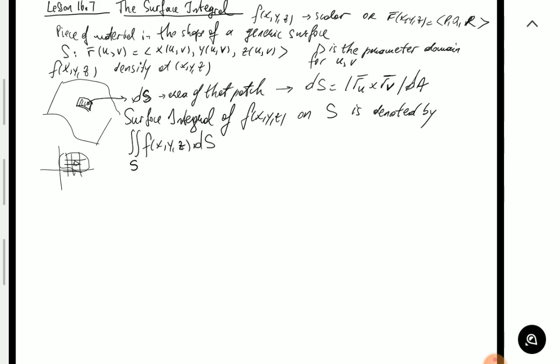This is the formal notation, and the way to compute it is via a double integral over the parameter domain D, with the function evaluated at the components of the surface and then multiplied by the magnitude of the cross product of r_u and r_v.